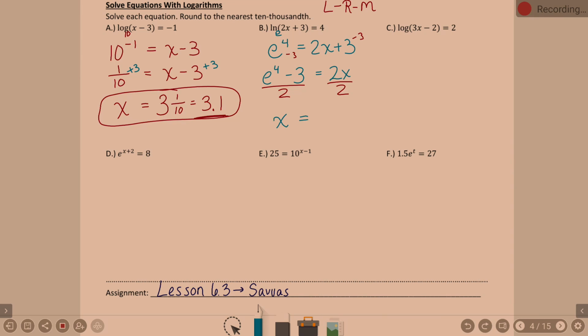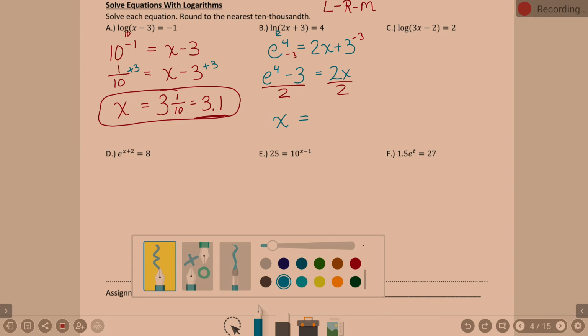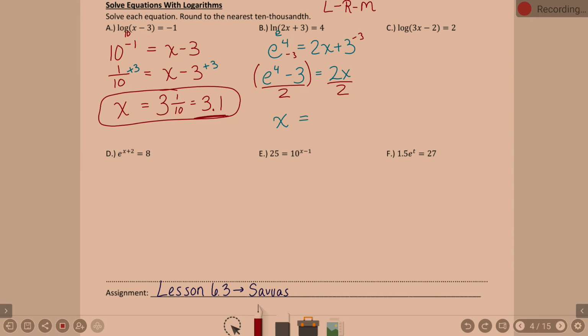On the Texas Instruments, either do it in pieces: e to the fourth equals, so hit enter, minus 3 equals, hit enter, divided by 2 equals. Okay? So like hit enter after each step, or if you want to do it all at once, you need to think about this e to the fourth minus 3 in parentheses.